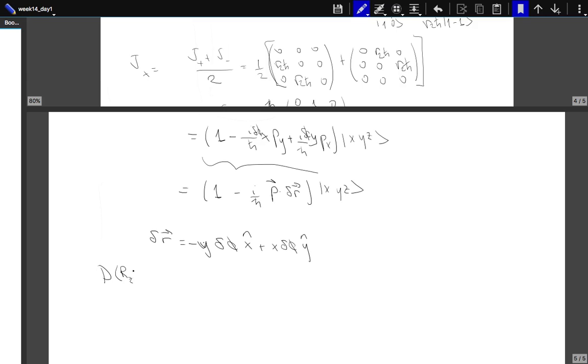So this rotation operator acting on my ket x, y, and z, it just gives me, well, x is shifted to x minus y delta phi, and y is shifted to y plus x delta phi. Z is not changed.